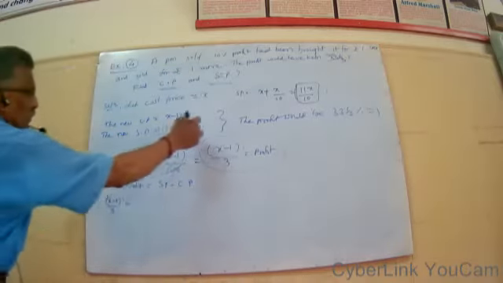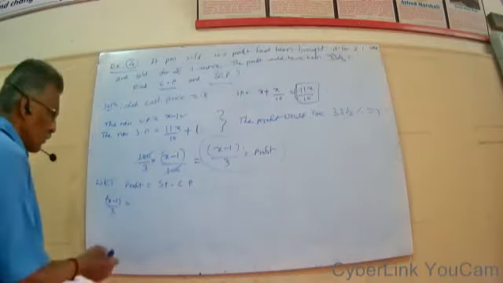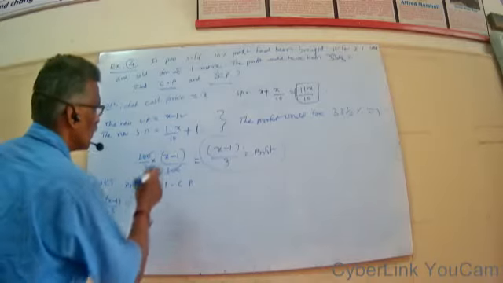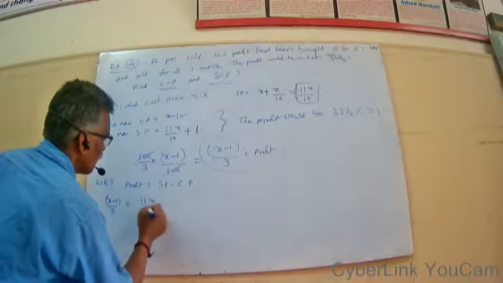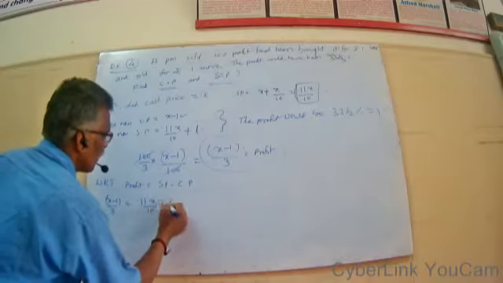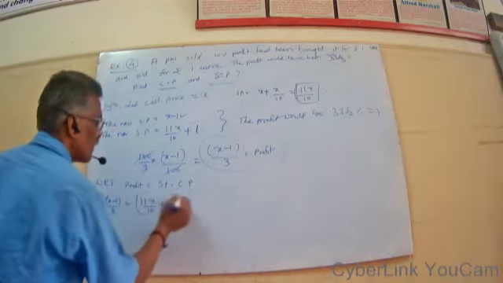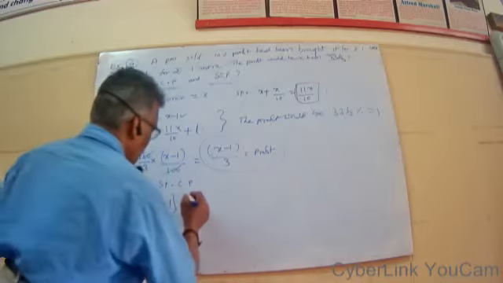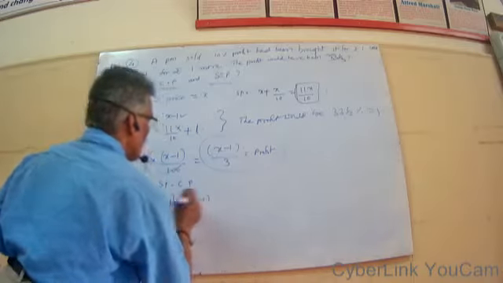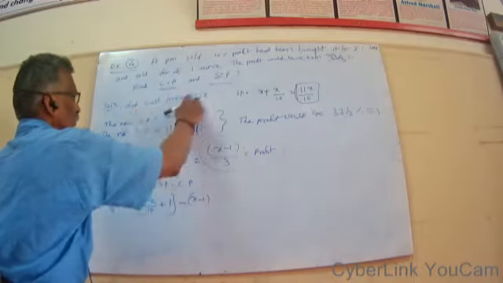The selling price is 11x divided by 10 plus 1, minus the cost price, which is x minus 1. This is the new cost price, whereas the assumed cost price was x.